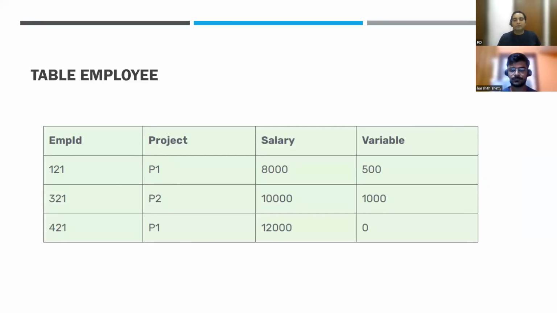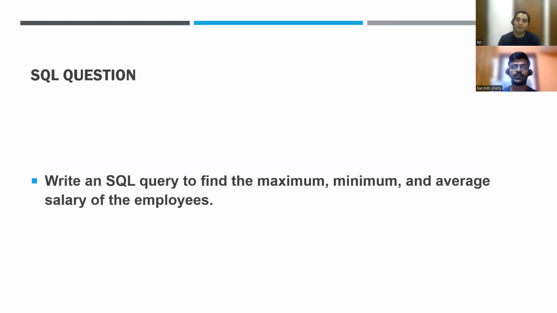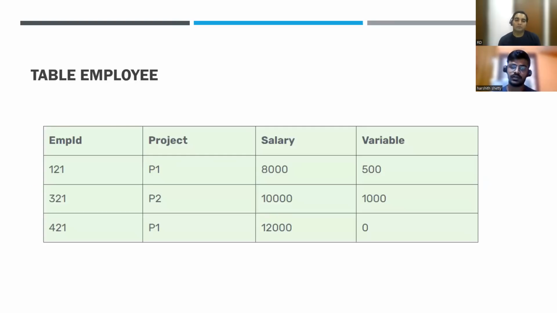Max and minimum salary, right? And average salary. I think I can say select max of salary from employee. Okay, so let's try to achieve all these things in a single query: maximum, minimum.